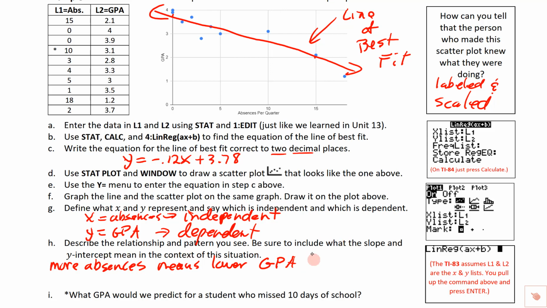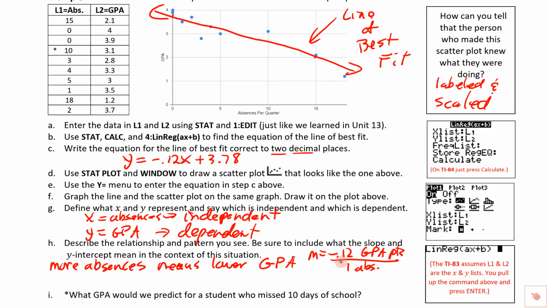So the slope, so I'm going to write down m equals negative 0.12. What that is, those are change in GPA, okay, minus 0.12 GPA points for every, remember we could put this over 1, for every one absence, okay? So that means every time you're absent, your GPA is going to tick down about 1/10 of a point. Again, not perfect, but just kind of close.